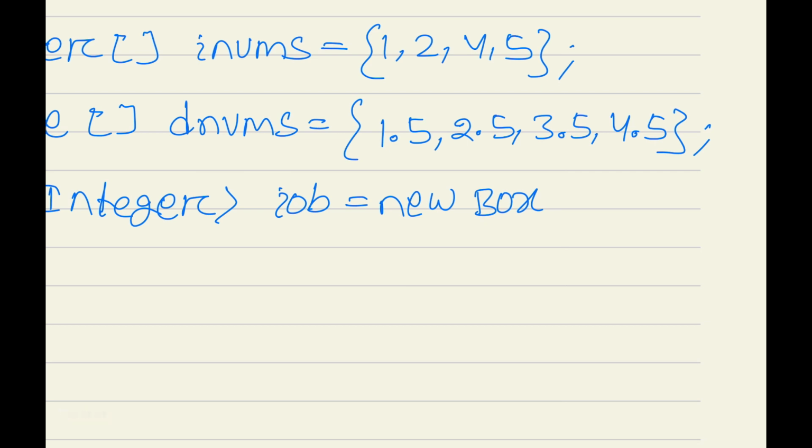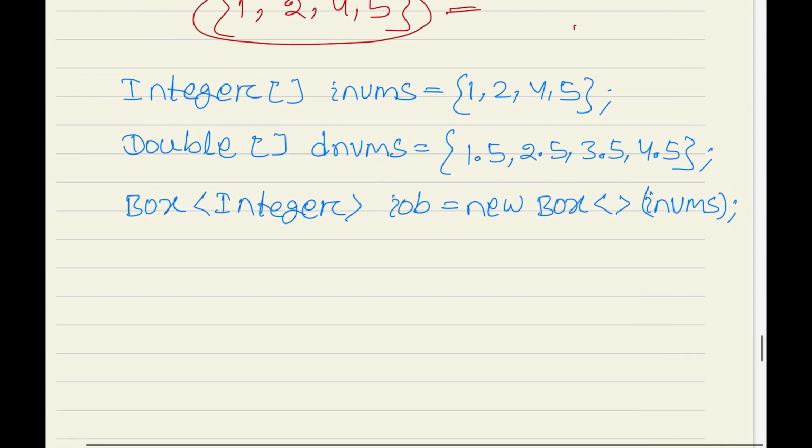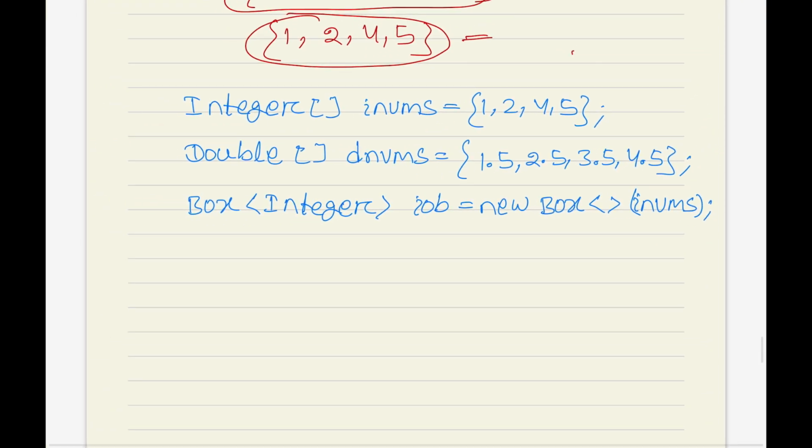We have already defined the Box class in the previous example, and it is similar to this one only. We are passing the array inums as an argument here, and the new Box iob contains these.